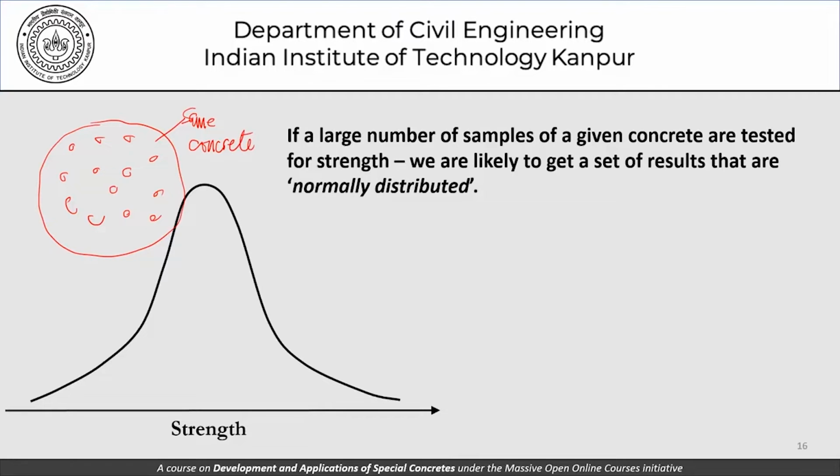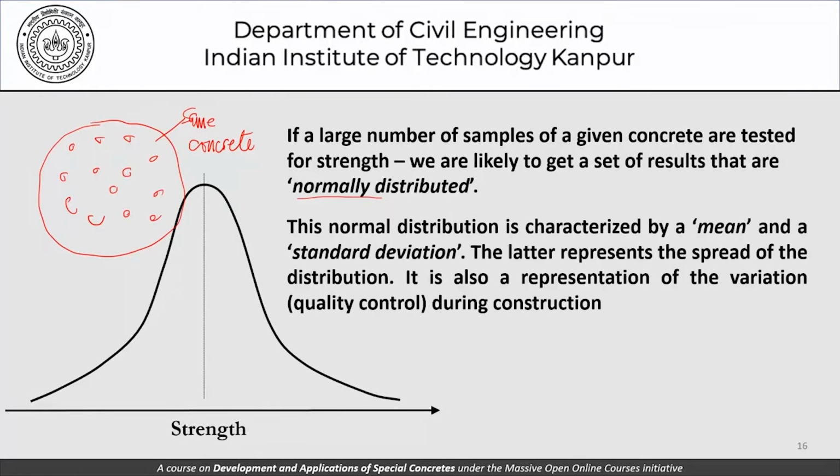Why that varies, we'll come to that in a minute, but this distribution will be normal in the statistical sense of the word. This normal distribution we know is characterized by a mean value and a standard deviation.